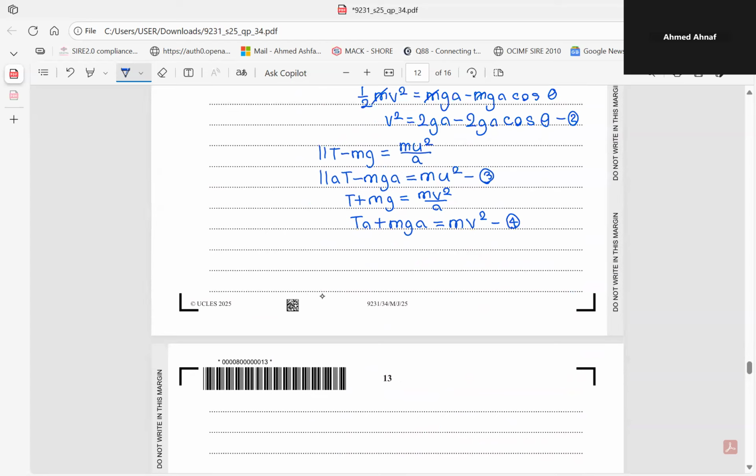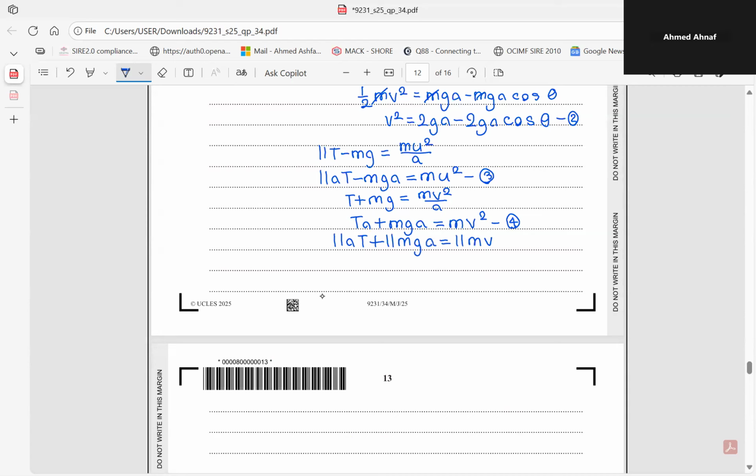All right, what should we do? Now we're going to multiply the fourth equation by 11. So we get 11at plus 11mga equals 11mv squared. So this is the fifth equation.